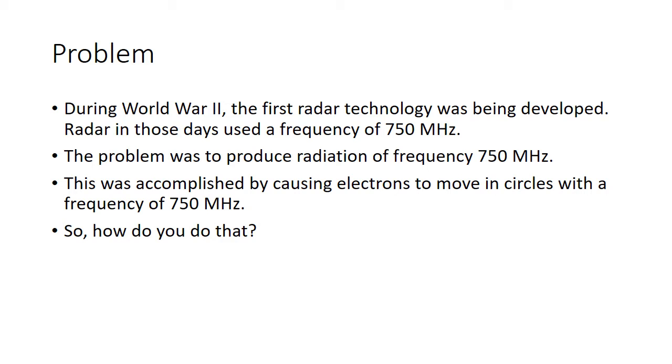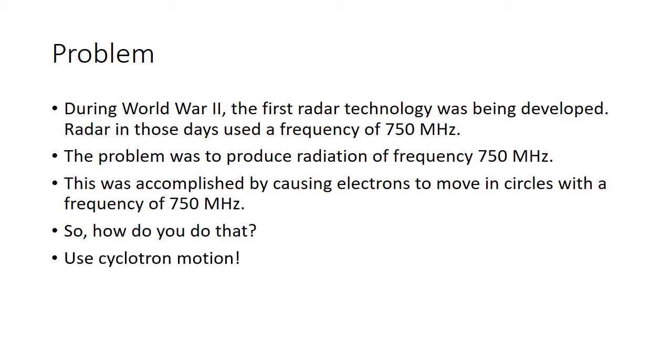The problem was making radiation of that frequency, because that was way too fast for the electronics of the day to produce. And so the idea they came up with was to have electrons that move around in circles with a frequency of 750 megahertz. So how do you do that?